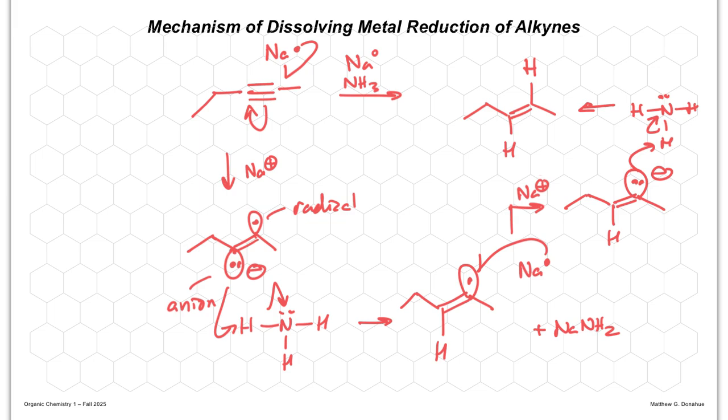And so that will add the H2 across the triple bond in a trans fashion. At that point, it stops. So the alkene is not, say, electrophilic enough to accept any more electrons from the sodium to undergo further reduction.